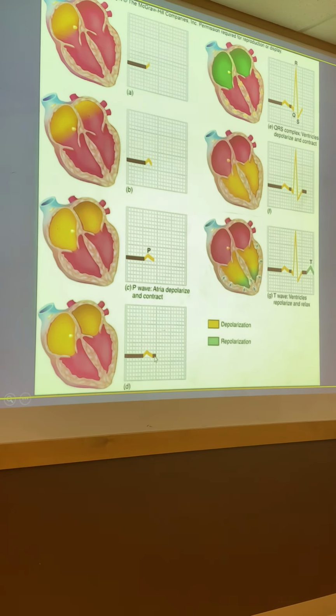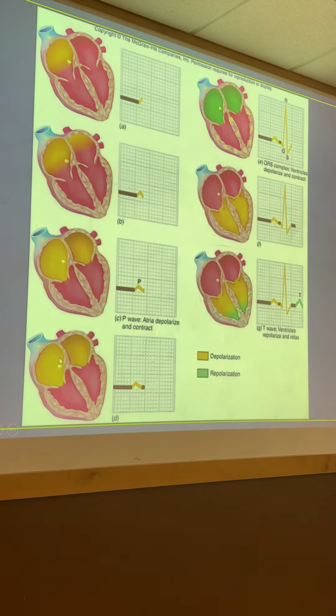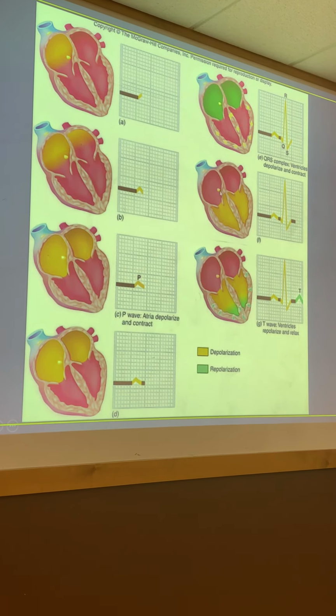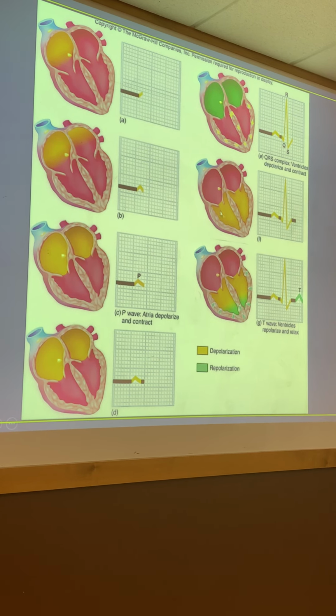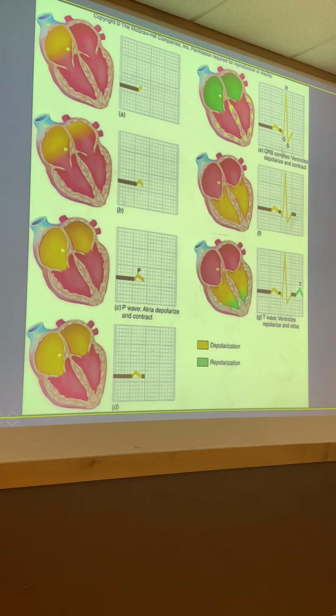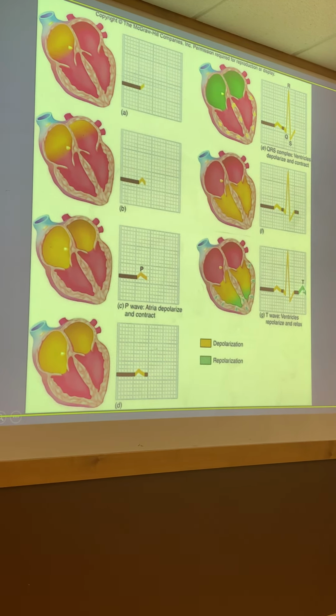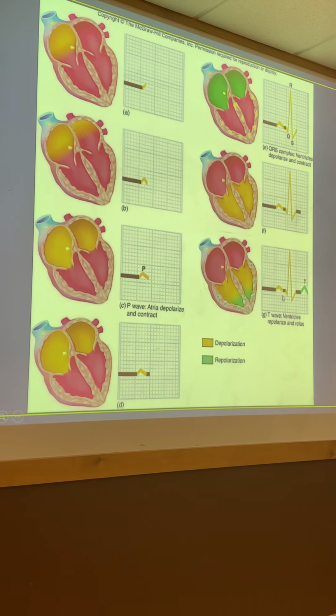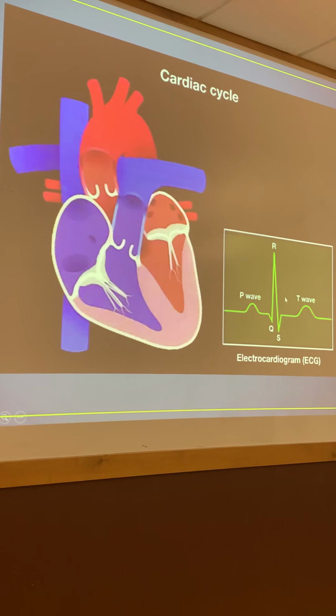Remember that the interval is when they're going to contract. Then we're going to do the same thing through the ventricles with our QRS, as well as repolarization of the atria. And then repolarization of the ventricles is shown in our T wave, and that starts at the bottom of the heart and works its way towards the top.